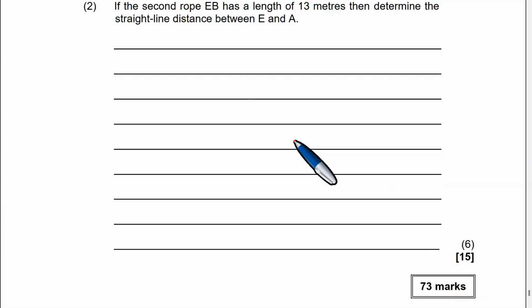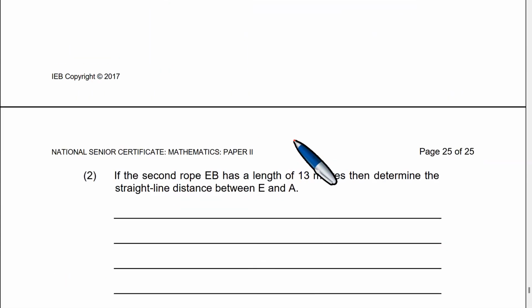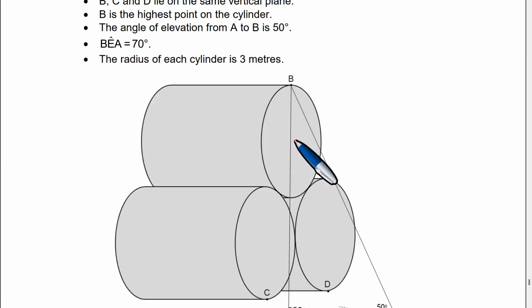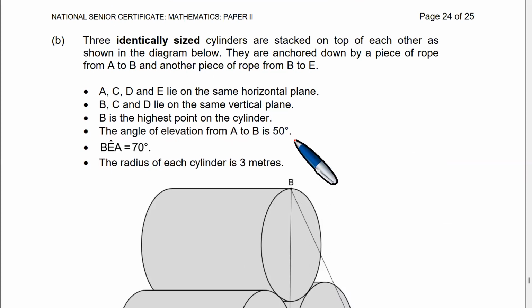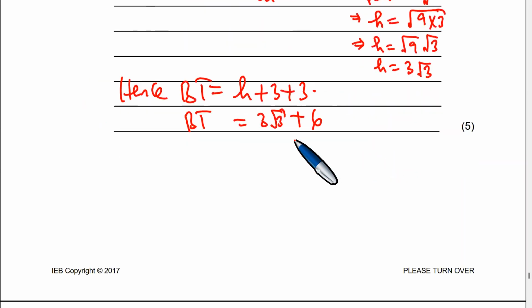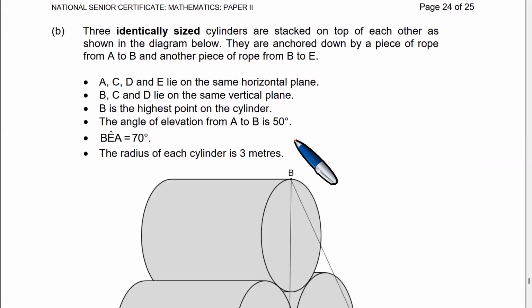And this was the end of the exam in 2017. So I'm going to send you another homework. This was A, and now it's B. Maybe we can just practice with this one quickly.